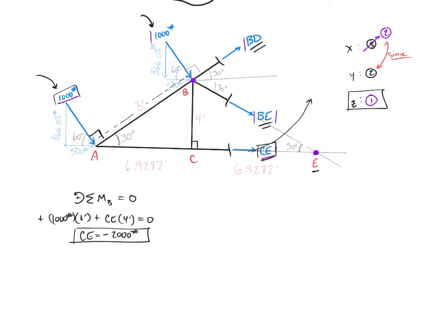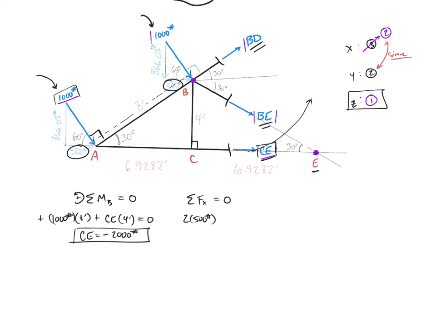So now we'll do X or Y. It doesn't really matter which one, because they both have 2 unknowns at this point. Let's just go X. Okay, I usually go X then Y if there's no particular reason for either one of them. So in the X direction, we've got this 500. We've got this 500. So we've got 2 times 500 pounds.